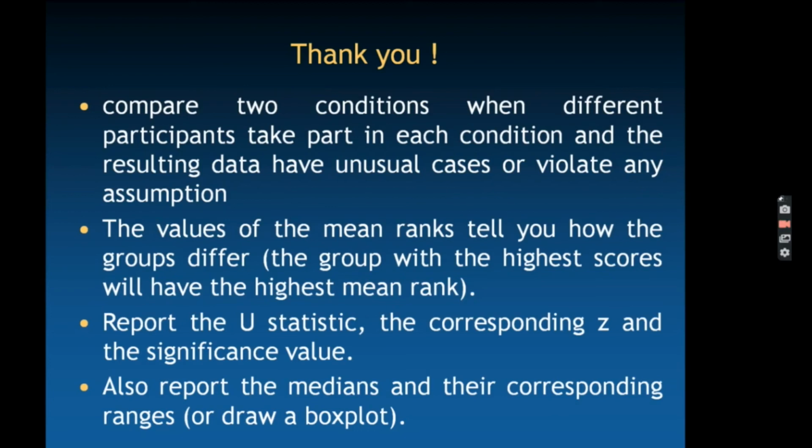Report the U statistic, the corresponding z-score and its significance value, and you can also report the effect size if you are well versed in calculating it. You can always mention that because it is also important. Also report the medians and their corresponding ranges, or you can draw a box plot. Wherever you mention a median, you should always mention the interquartile range.